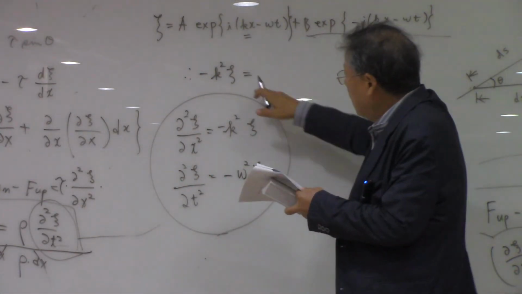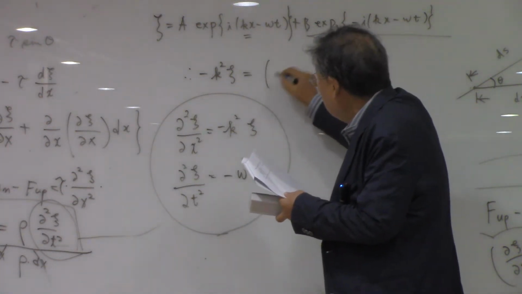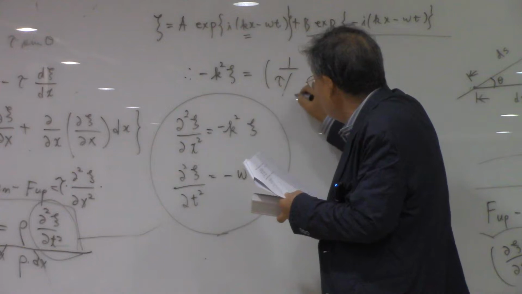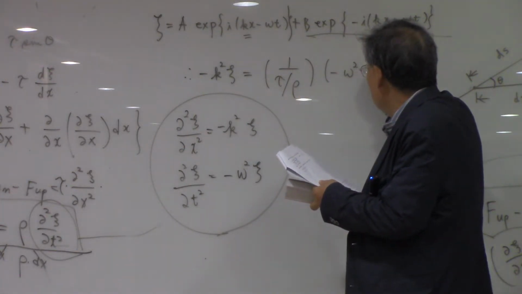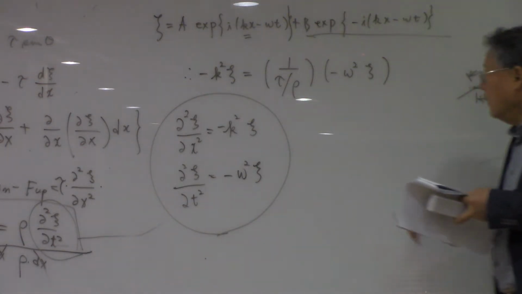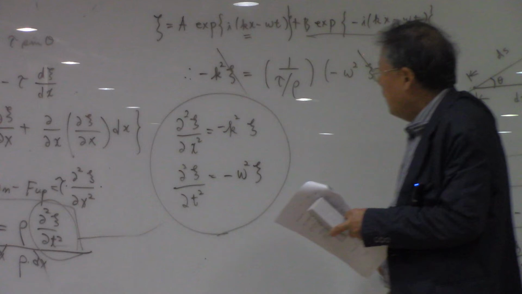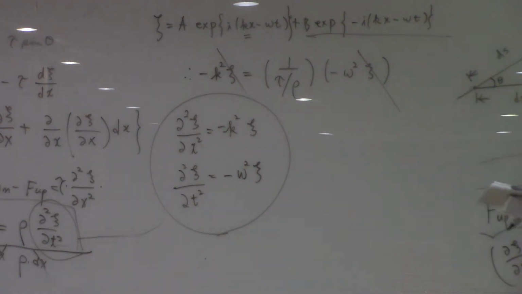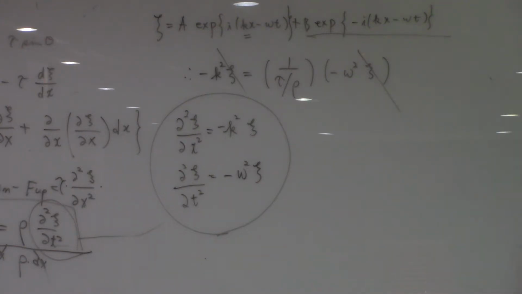Then the left-hand side is going to be minus k squared psi. And the right-hand side is going to be tau over rho, that is a constant, times minus omega squared psi. Okay? And then you just eliminate the psi, which is in common on this equation.